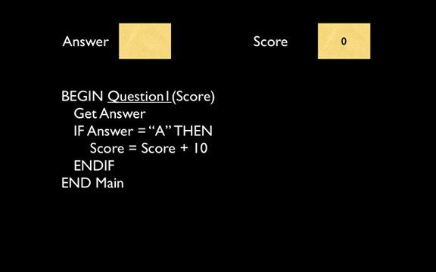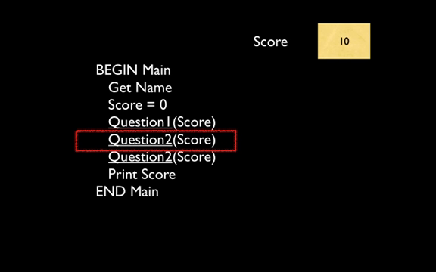If answer equals A, then score will increment to 10. If not, everything will stay the same. So let's have a look at what the user entered as their input, and it was A. So A equals A, so then as you can see here, score equals 10. So when we come back to the main module, score has stayed at 10. So it's been passed back to that main module and the contents have stayed with it.